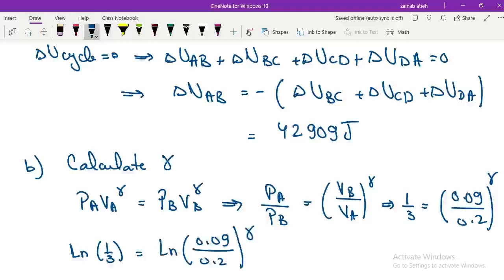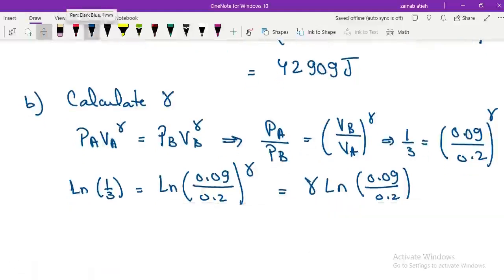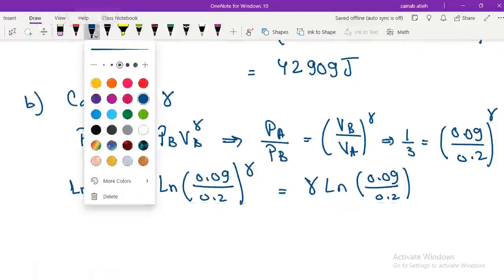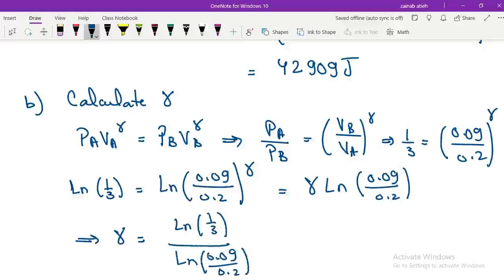So ln to the power gamma will give me gamma times ln of 0.09 over 0.2. Okay, so we do it this way. Now I can find gamma. This implies gamma is equal to ln 1 over 3 divided by ln 0.09 over 0.2. Remember that gamma must be greater than 1. Okay, I will calculate it.